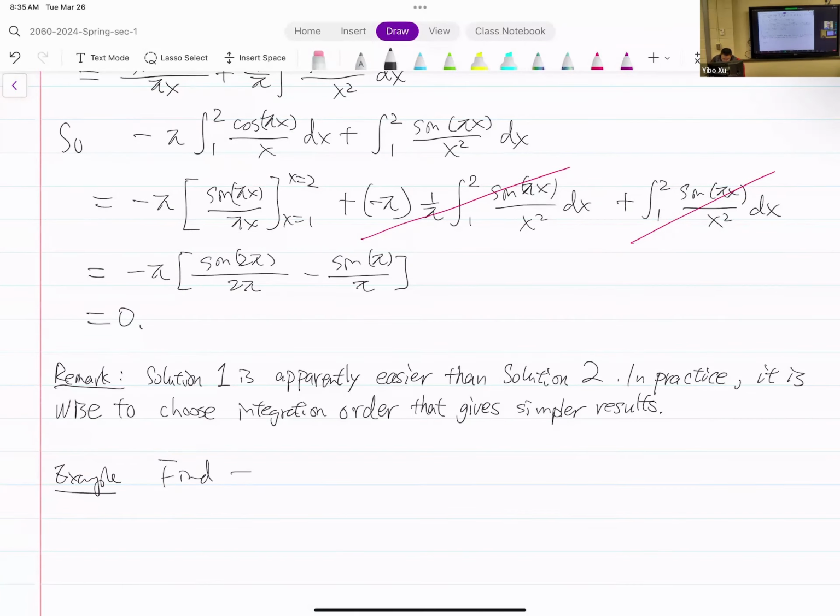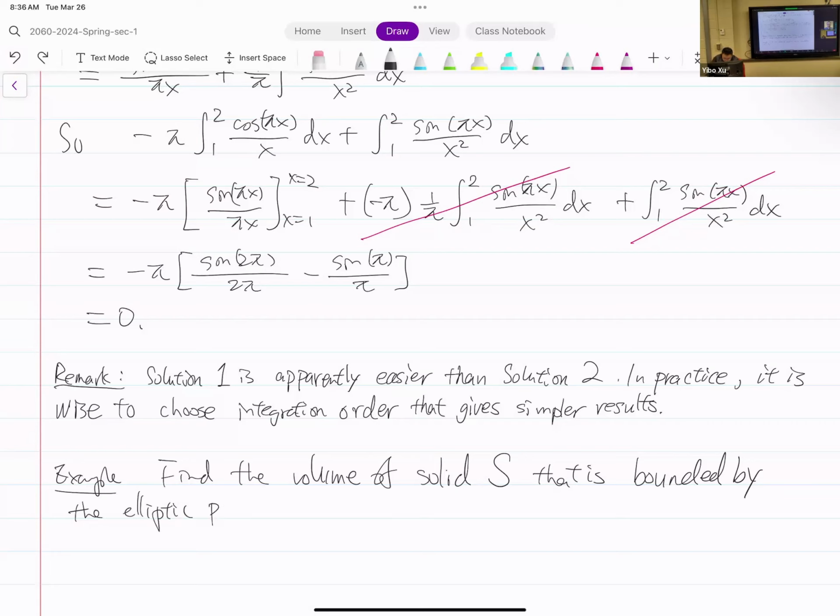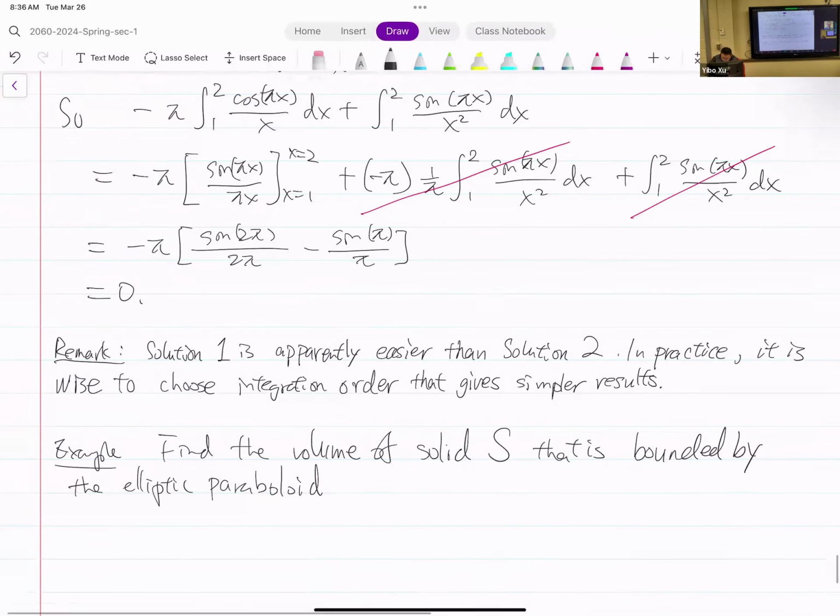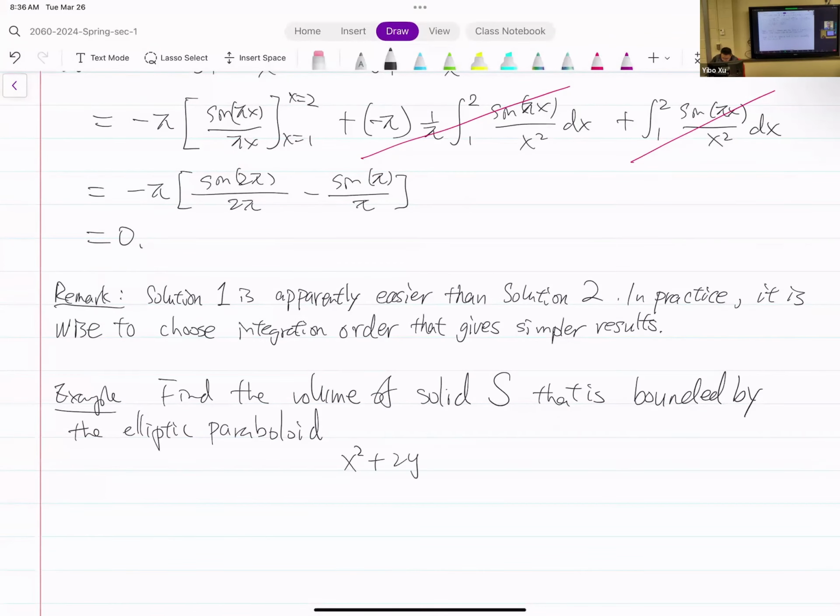Find the volume of the solid that is bounded by the elliptic paraboloid x squared plus 2y squared plus z equals 16, the plane x equals 2, and the other plane y equals 2.